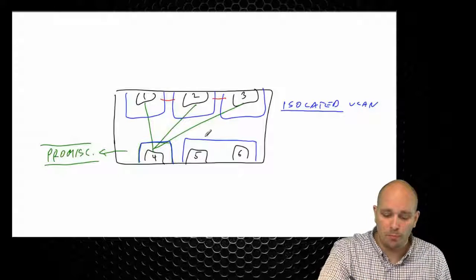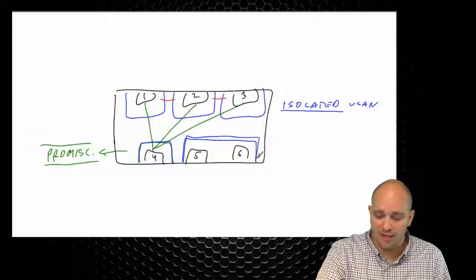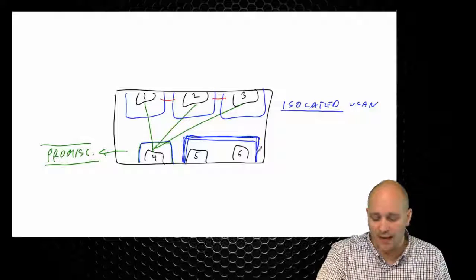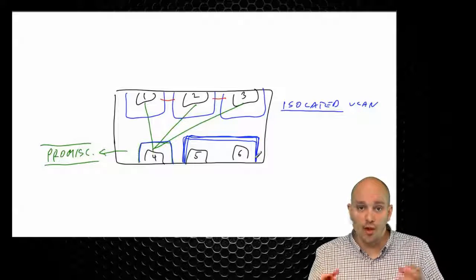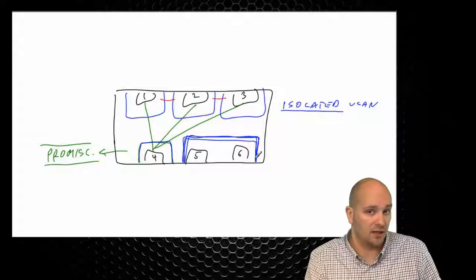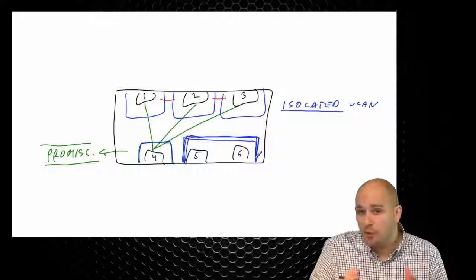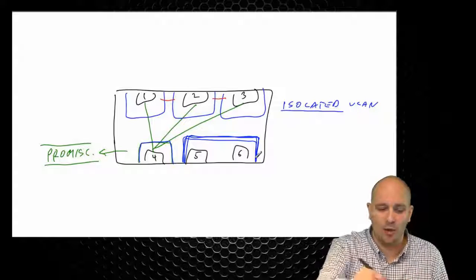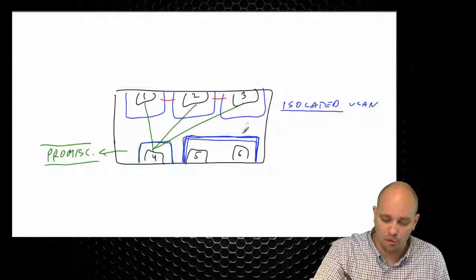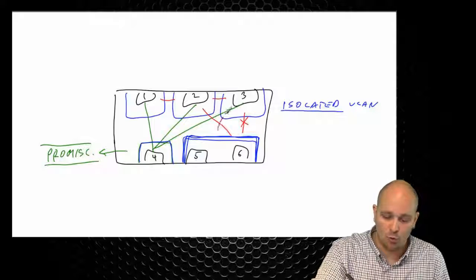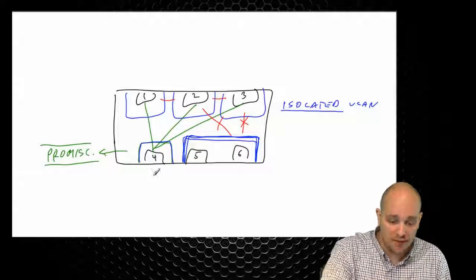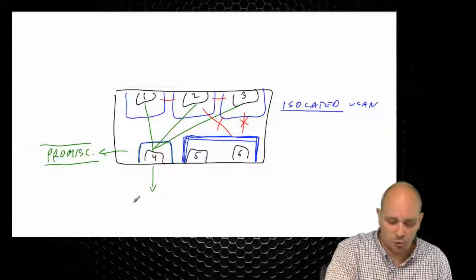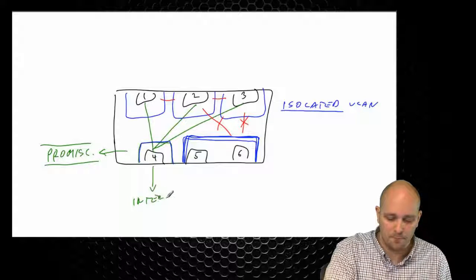Now, these 2 ports belong to, let's say, the same customer, or these two ports belong to a cluster of servers that you actually do want to provide direct layer 2 communication between, but you still do not want to allow the traffic between these ports to actually go here or here. But you still want to communicate with promiscuous ports, which could be, for example, a very common case, an internet gateway.